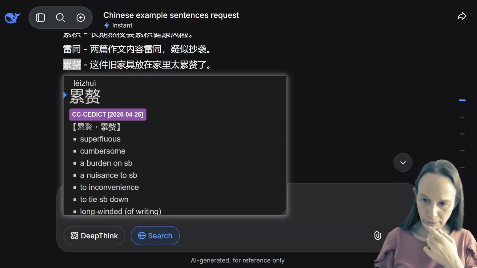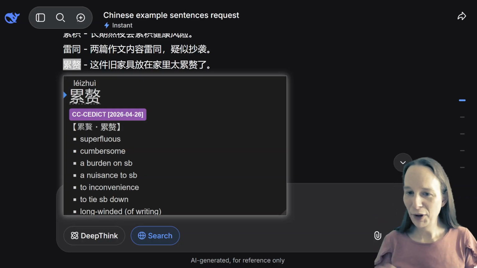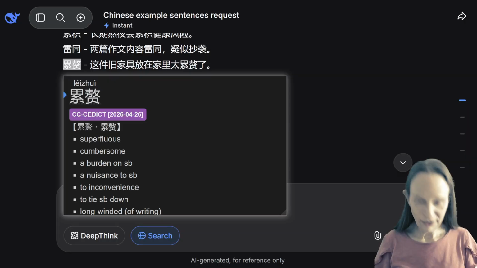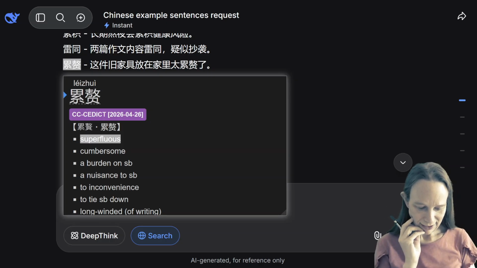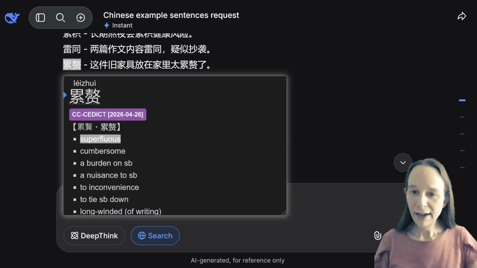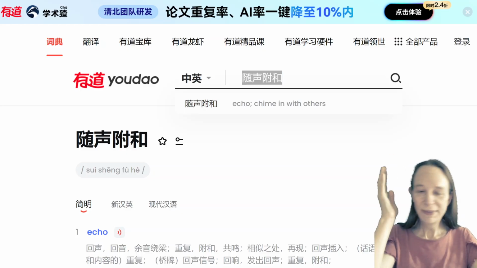Yeah, so it's used for physical items that are a burden, and it's used for superfluous, redundant writing. That's all you really need to know, aside from the synonyms.